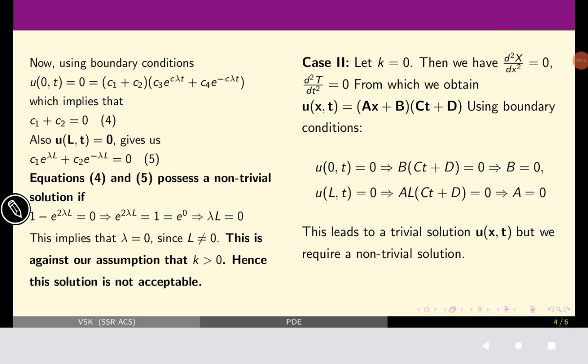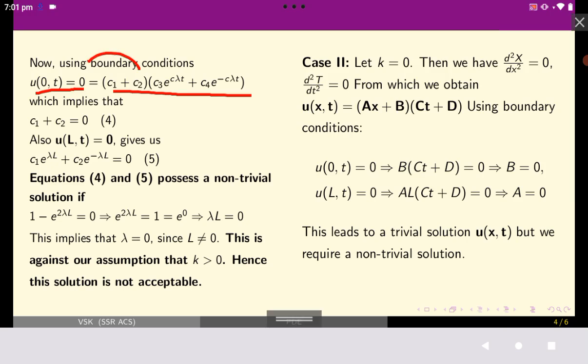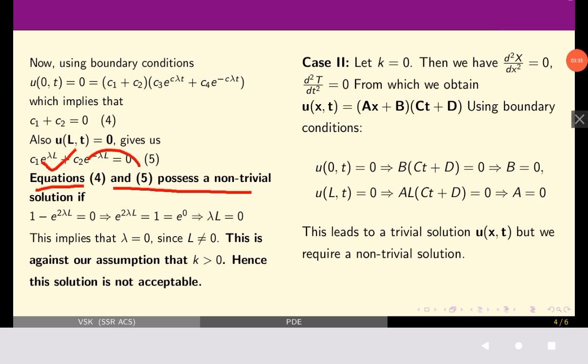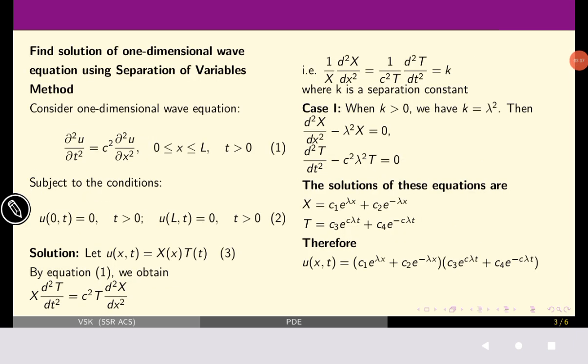Next, now using the boundary condition. What is the boundary condition? u(0,t) is equal to 0. We'll get (c1 plus c2) into (c3 e to the power c lambda t plus c4 e to the power minus c lambda t) is equal to 0, because we have to put the value x is equal to 0. We'll put x is equal to 0 over here.